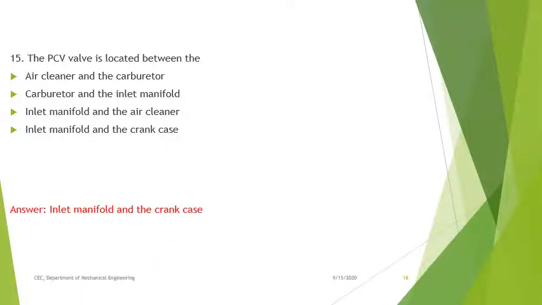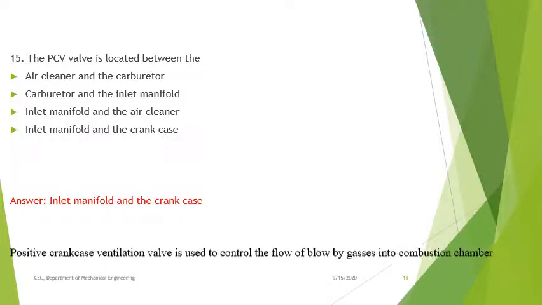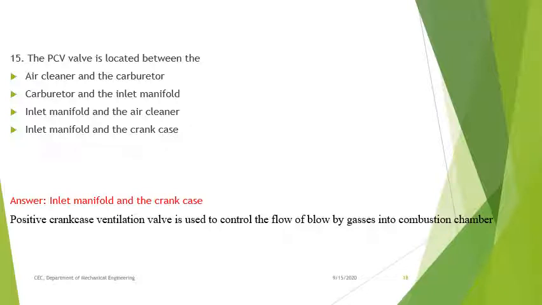So that is provided between inlet manifold and the crankcase, because the positive crankcase ventilation valve is used to control the flow of blow-by gases into the combustion chamber. That means this valve controls the flow of blow-by gases into the combustion chamber or to the carburetor unit.